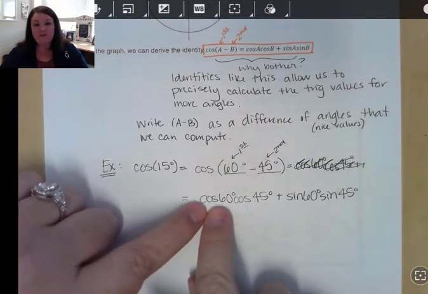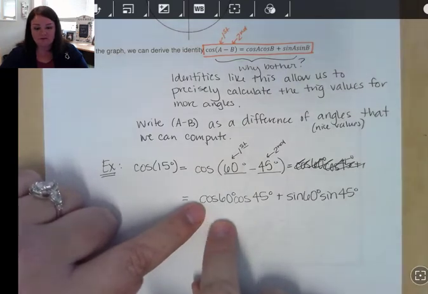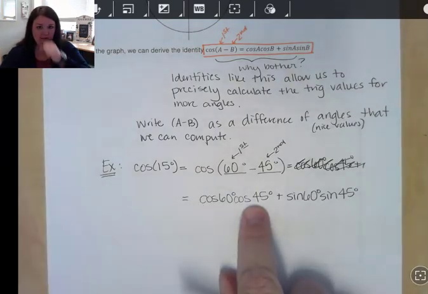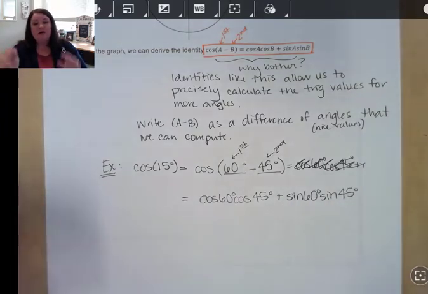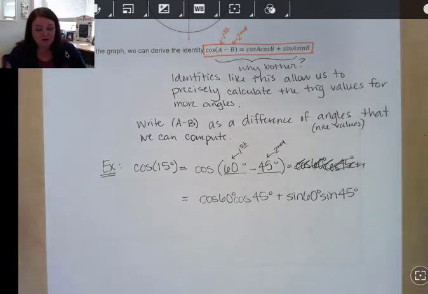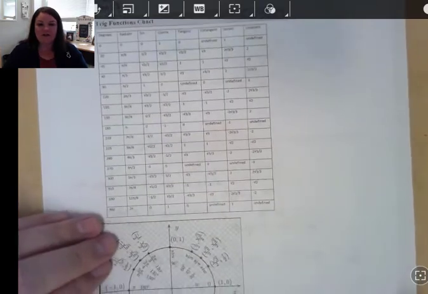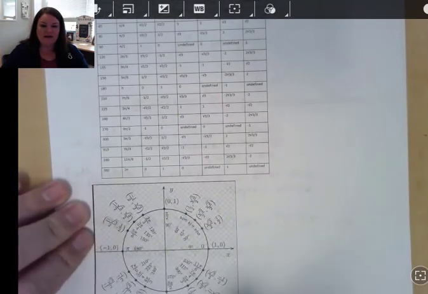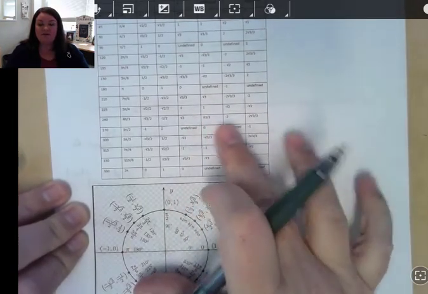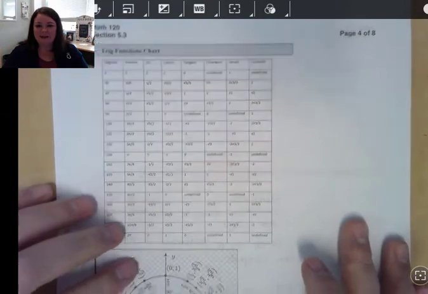Because I can easily use reference triangles to find what cosine of 60 is, what cosine of 45 is, what sine of 60 is, and sine of 45. Now, to make your homework experience a little bit smoother, if you look on page 4, I actually included a trig functions chart and a unit circle. So both of these will give you the same values. It's just whatever format you like best.